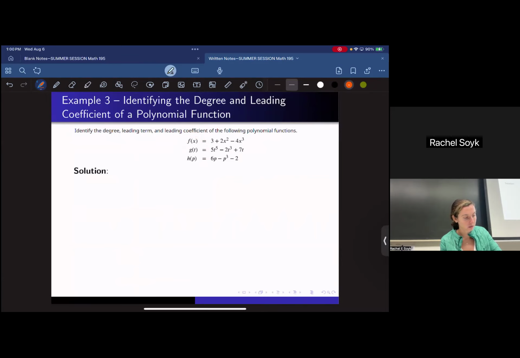So I think what I'll do is I'll write out degree, leading term, and then leading coefficient, and then create maybe like a chart.